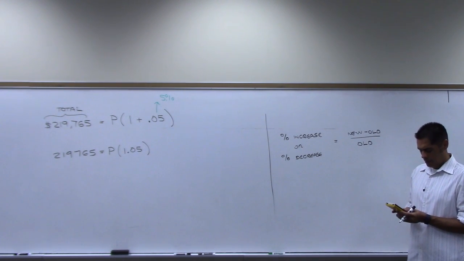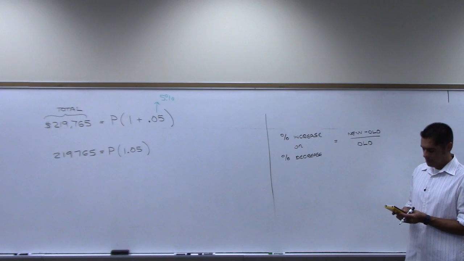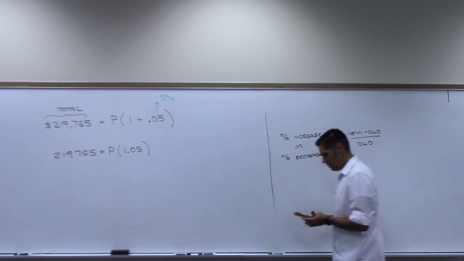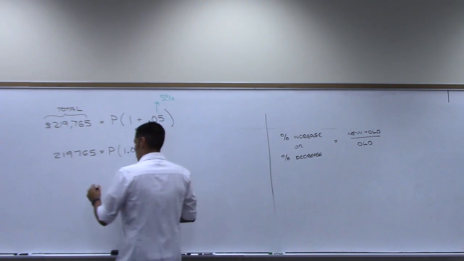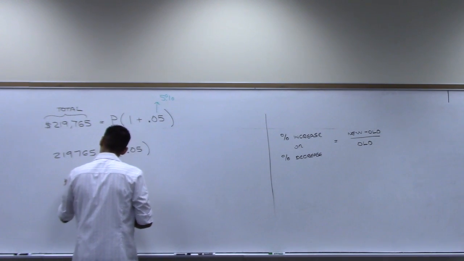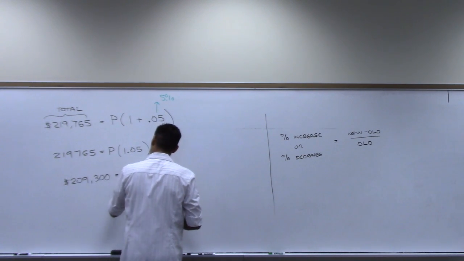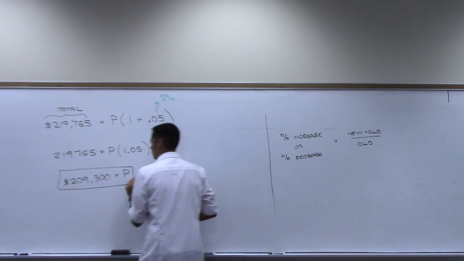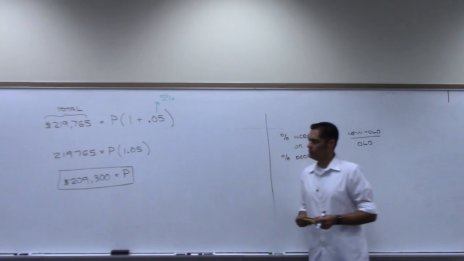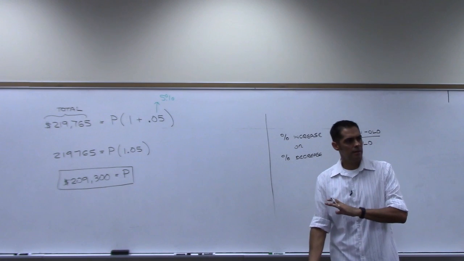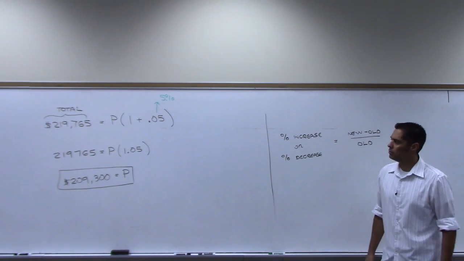So 219,765 divided by 1.05 is 209,300, equals P. Does anyone have any questions over that? Okay.